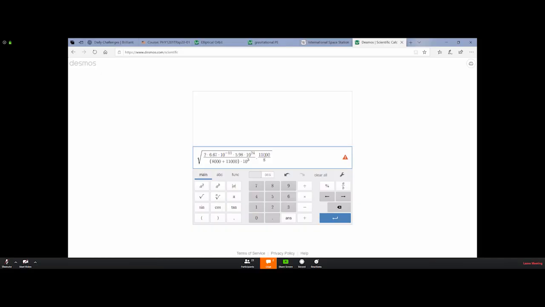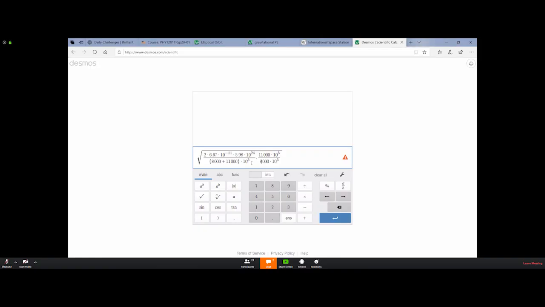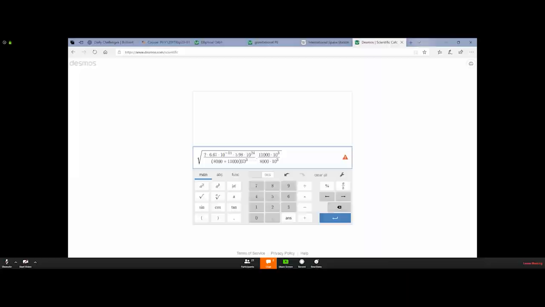Maybe I'll write it out: 11,000 times 10 to the third, and this is going to be 8,000 times 10 to the third. Now, why does it not like my formula? Anybody know what's wrong with my formula? Can't see anything really wrong.